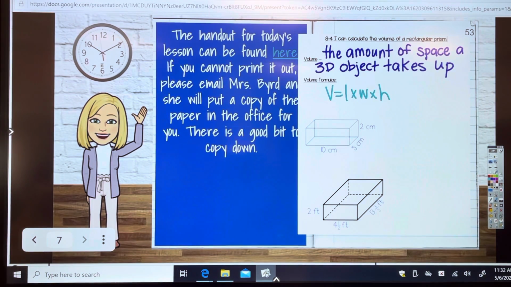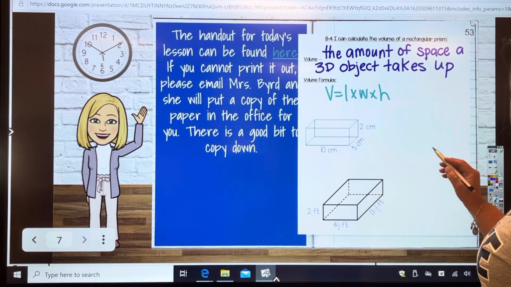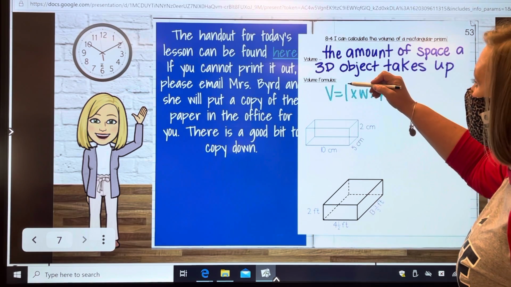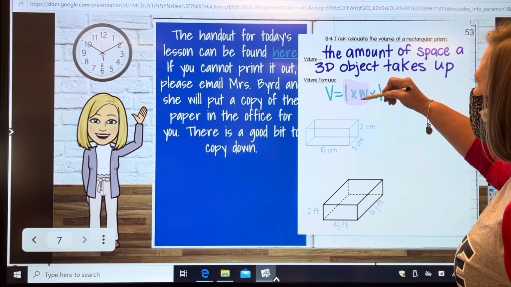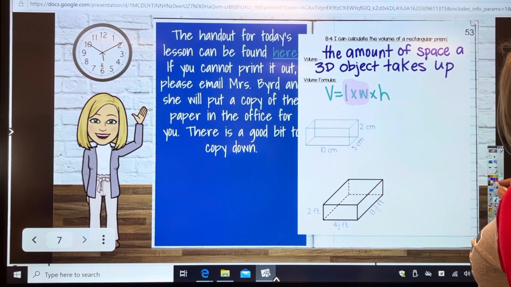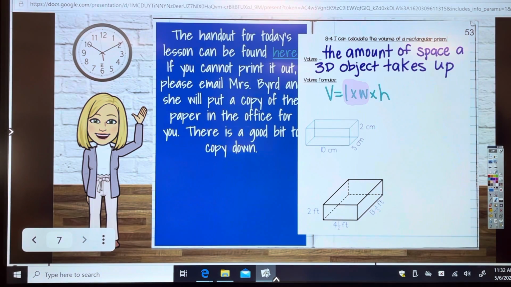Sometimes we can write our volume formula a different way. Where have we seen length times width before? In a rectangle. What were we measuring? The area.